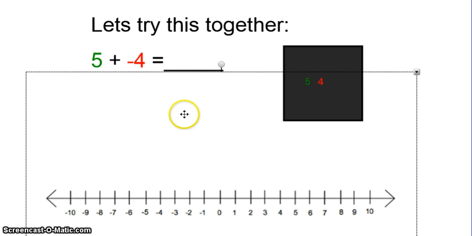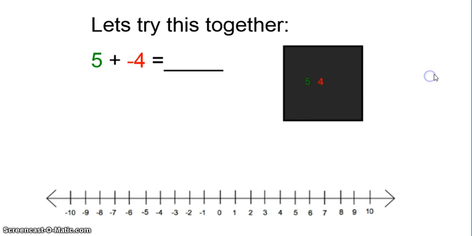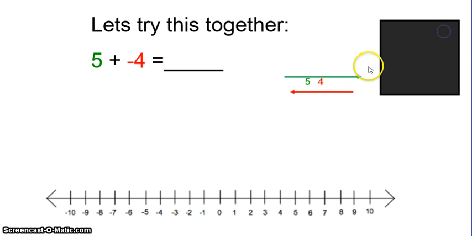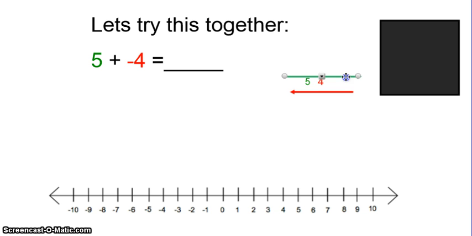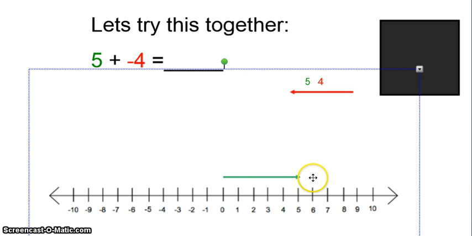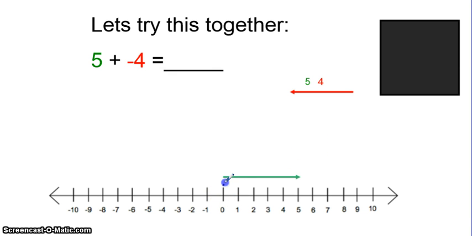So if we look at this first one, let's try this one together. We have 5 plus a -4. When we look at this, I'll remove this box over here, as we want to start off with 5. So we start with 5 units going to the right in the positive direction. We count out 5: 1, 2, 3, 4, and 5.